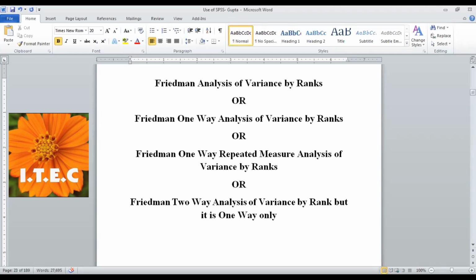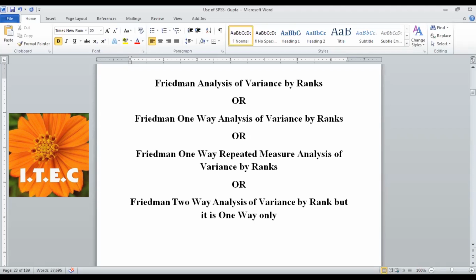Now, I have already considered many situations where you have two groups, but here you will have a minimum of three groups and you will have the scores or the ranks. If you have the scores, you can convert them into ranks, no problem.